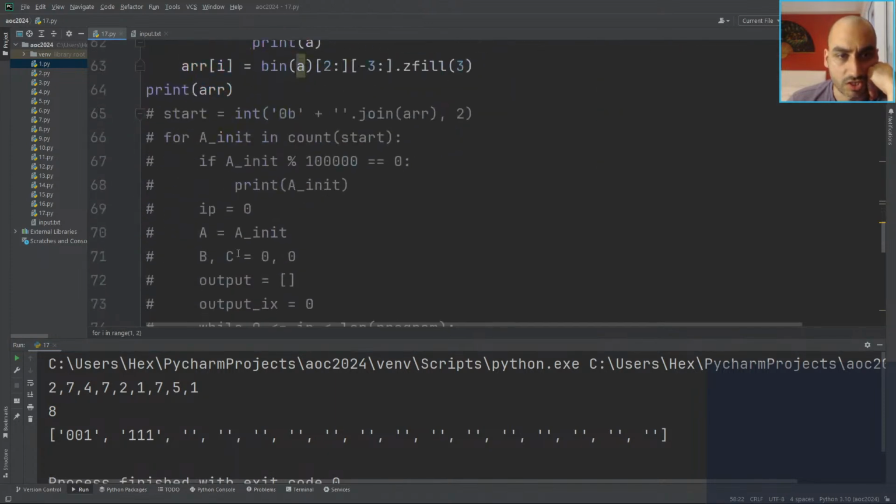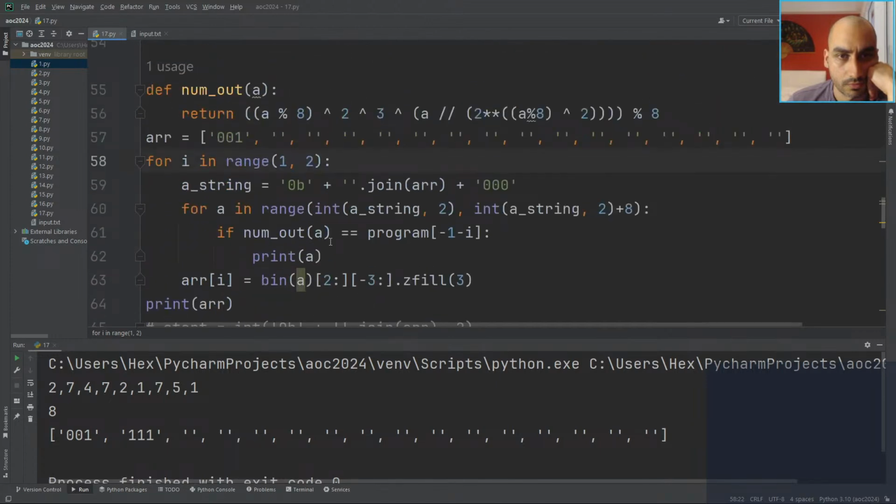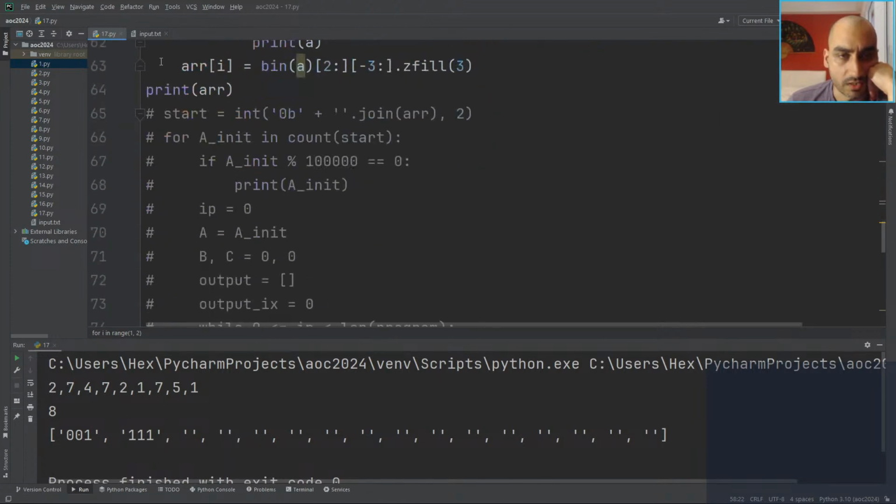We could actually just use the program itself.